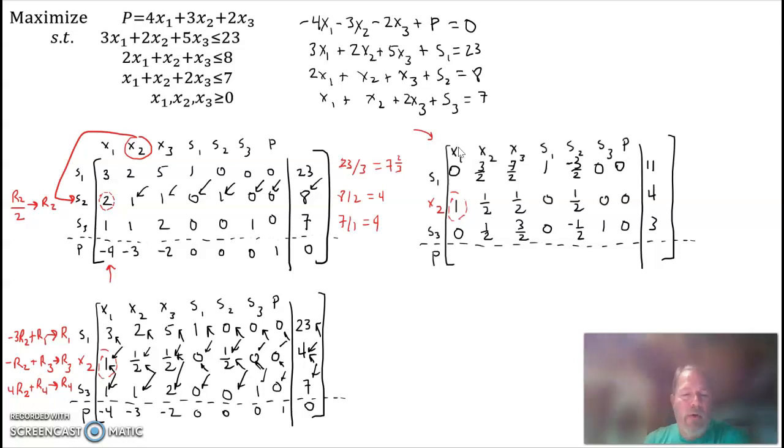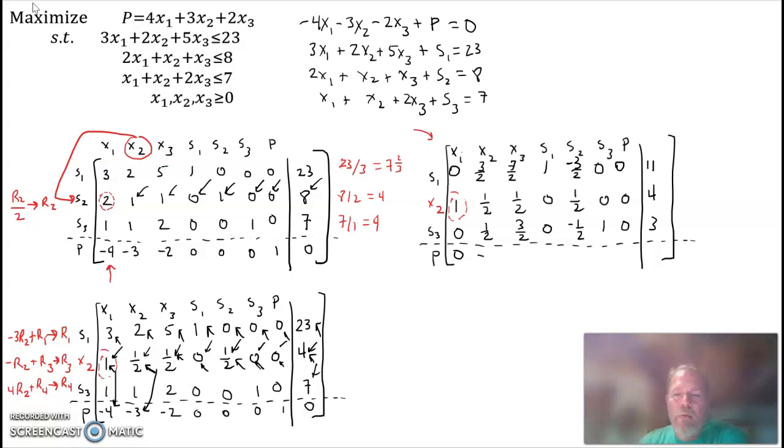And then the final row, let me erase these arrowheads here so we can kind of look at them. Here we go. Final row, 4 times 1 is 4, plus this -4 is 0. 4 times 1/2 is 2, plus this -3 is 1.